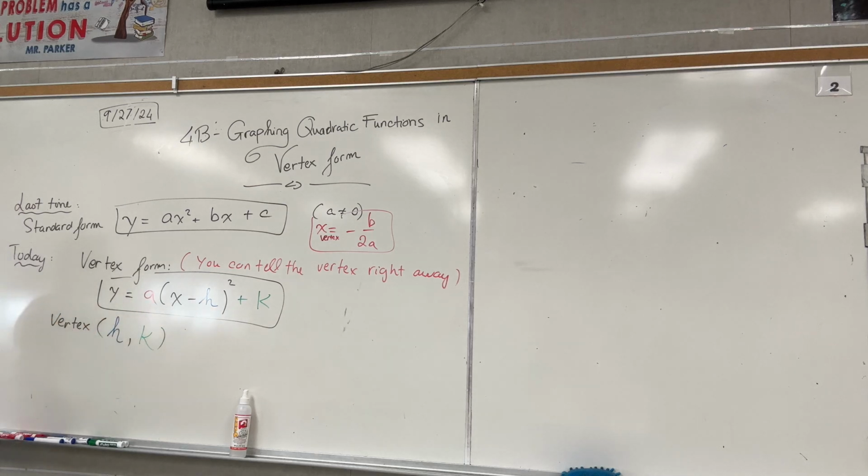See? Exactly the point in the formula. And then you can just take the vertex. So when you graph in vertex form, step one is finding the vertex. The vertex is right there, right?